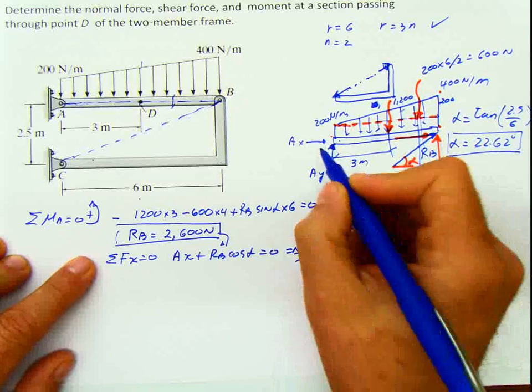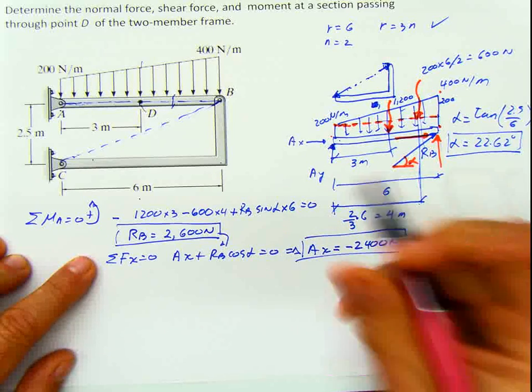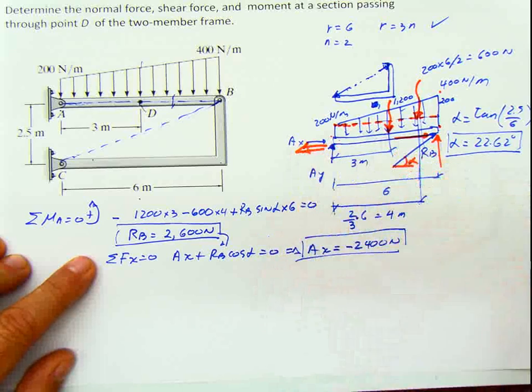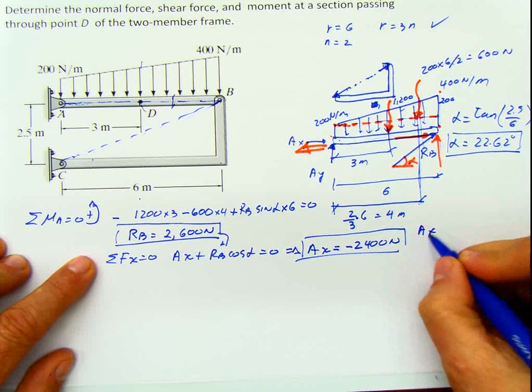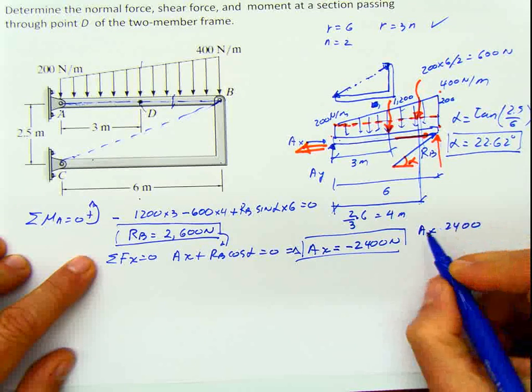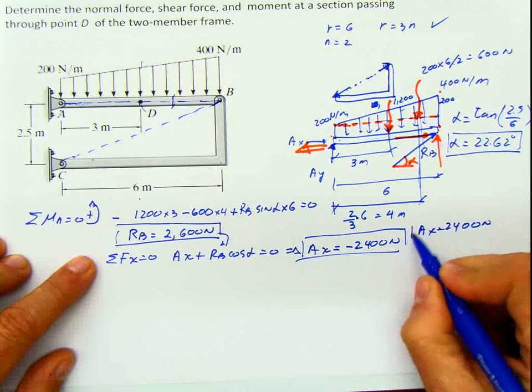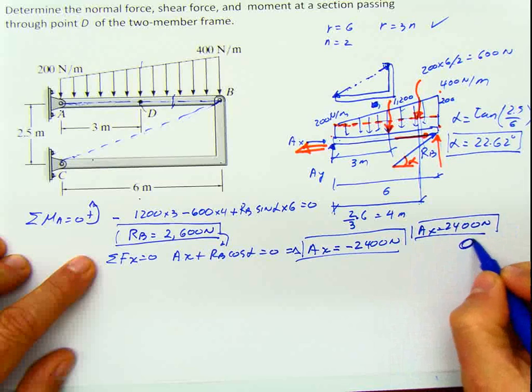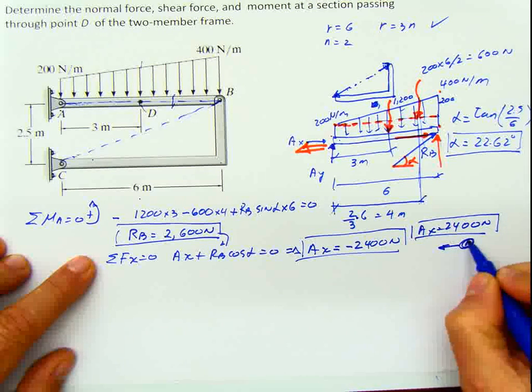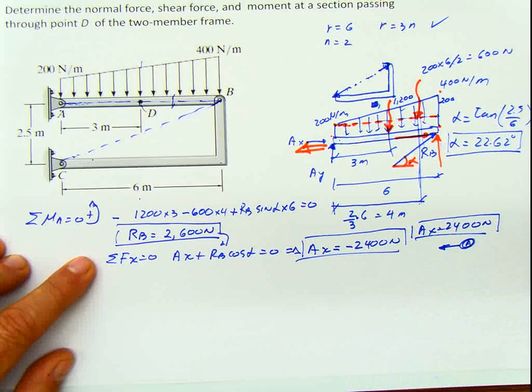And that negative means that this load, remember, is coming in the opposite direction. So AX is 2400 newtons, and it's acting in this direction at A, to the left.